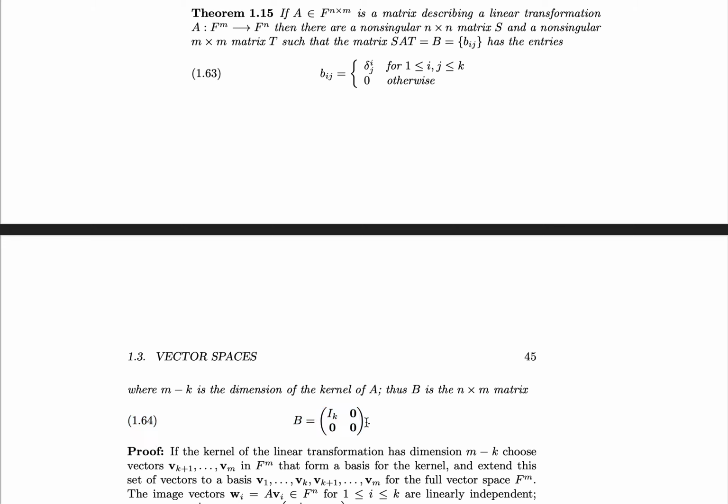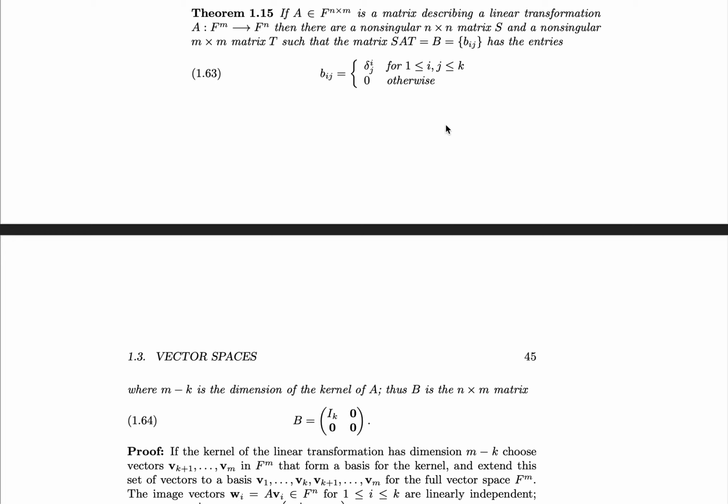Before we get into the proof, we can think about this naturally. If we say S and T are coordinate transformations of the respective spaces F^m and F^n, then for any transformation A, if you change the coordinates, you can rewrite this transformation A as a transformation B, where all this transformation does is send this basis vector to this other basis vector in a one-to-one correspondence, namely in the form of a delta.